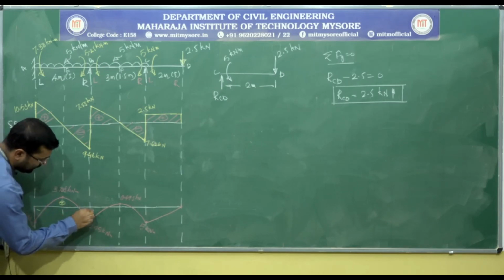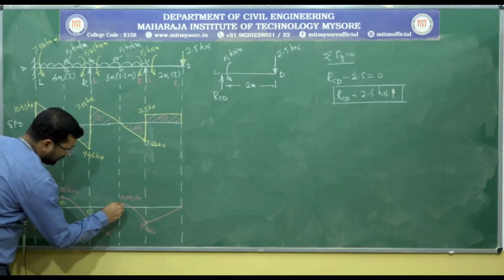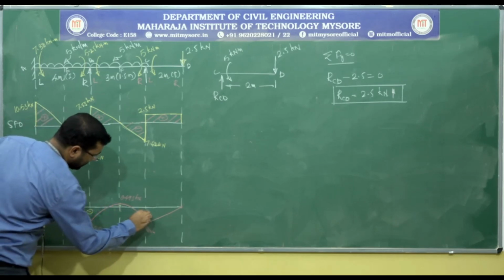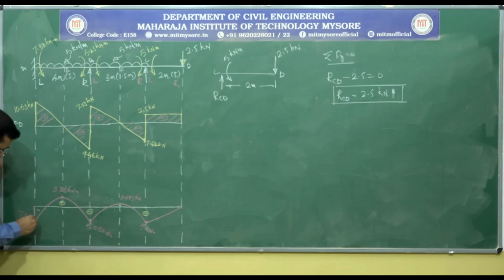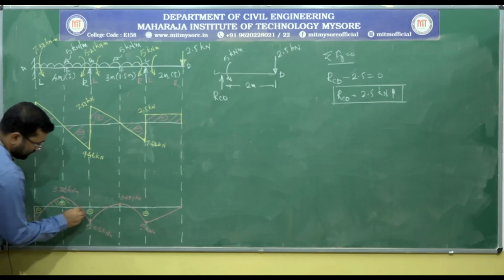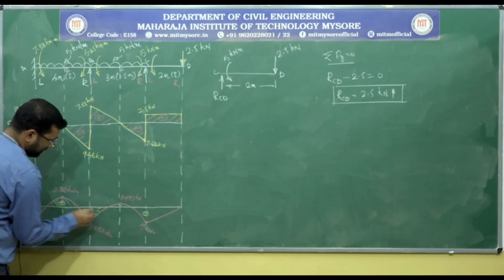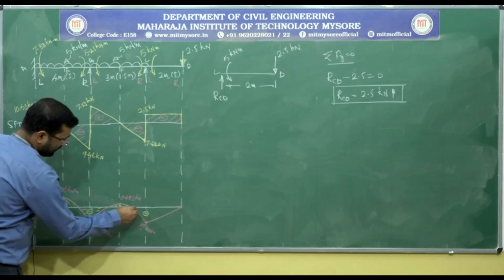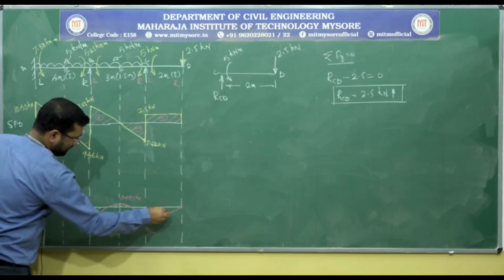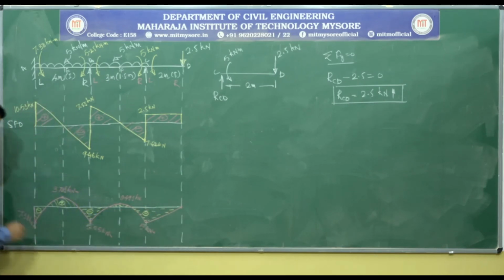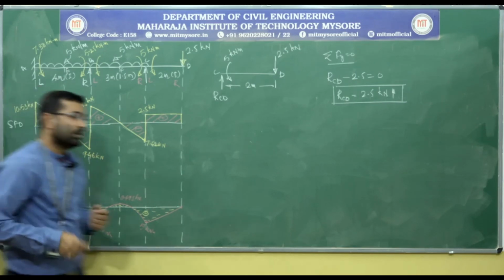So these are the negative moments, this is positive, this is also negative. So this is the bending moment diagram.